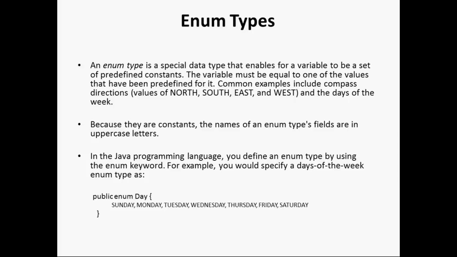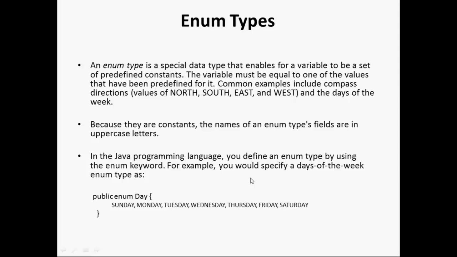More about the enum is that it has some predefined methods also. When you create an enum, it automatically has some methods declared in it. For example, we have a static method named values, and there is a name method inside.